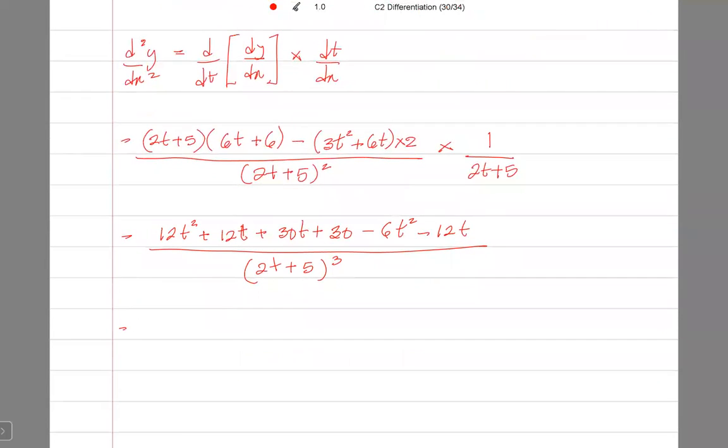Up top, we're going to end up with 6t squared, because 12 minus 6 is 6, and then the 12t cancels the other 12t, so plus 30t plus 30, all over 2t plus 5 cubed. I wouldn't try to do anything more to this, so that is the answer.